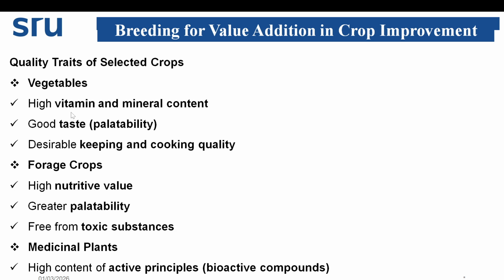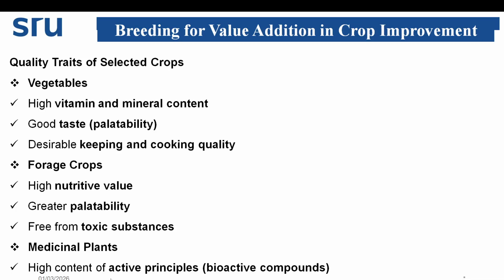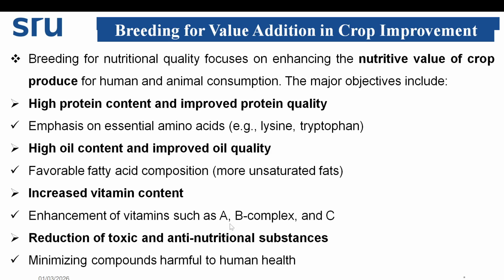Then in case of vegetables, high vitamin and mineral content, good taste, palatability, desirable keeping and cooking quality. Then forage crops, high nutritive value, greater palatability and free from toxic substances. Then next, medicinal plants, high content of active principle, that is bioactive compounds.